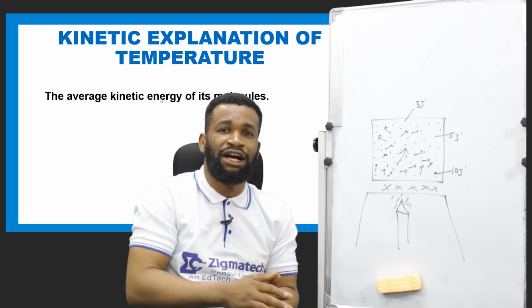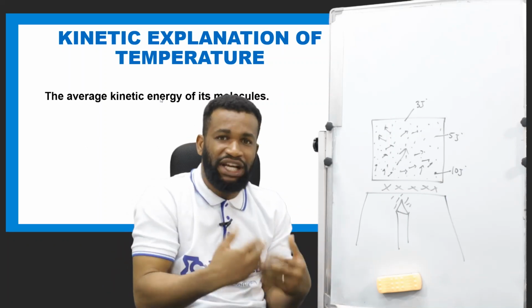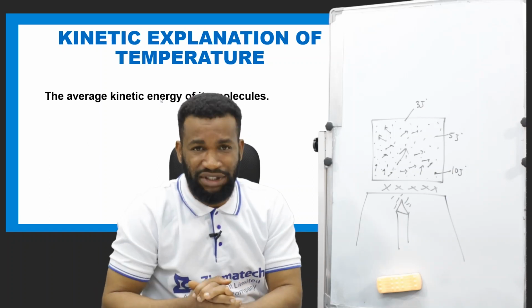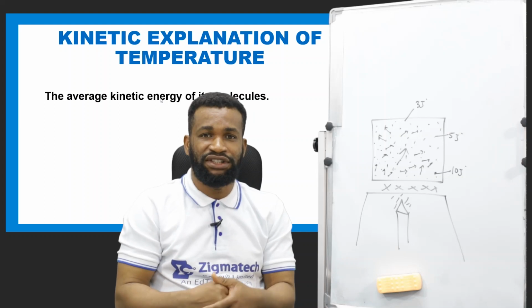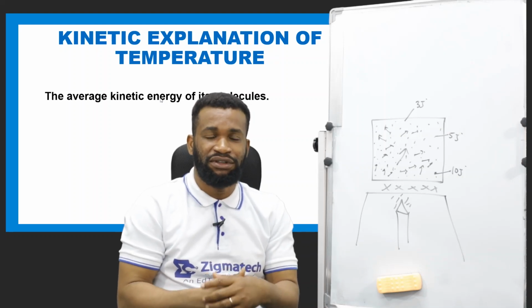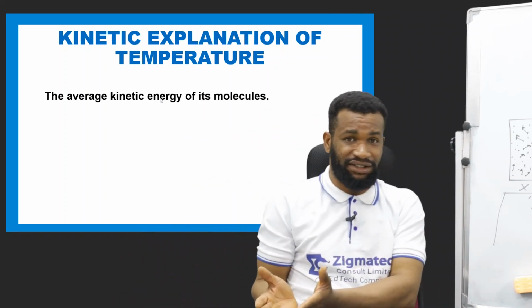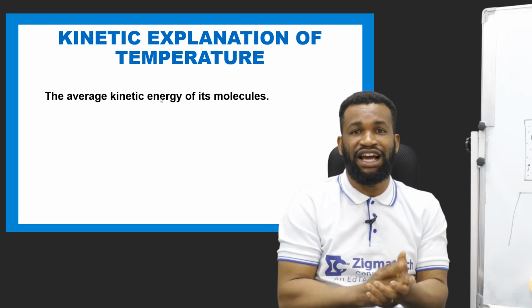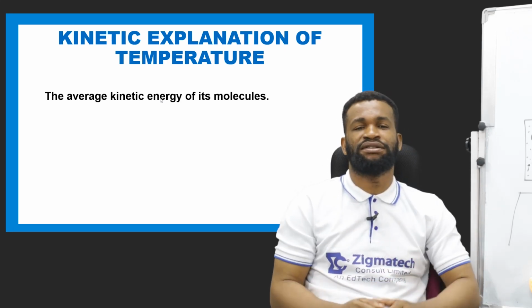Some of these things are just assumptions and personal explanations to explain something which has been consistent in its occurrence. And that is why all these theories have remained up till now. So when we talk about the average kinetic energy, you know that is about statistics. So that is what temperature is all about, the average kinetic energy of the molecules of a substance.